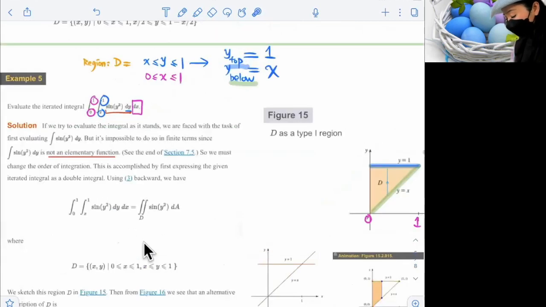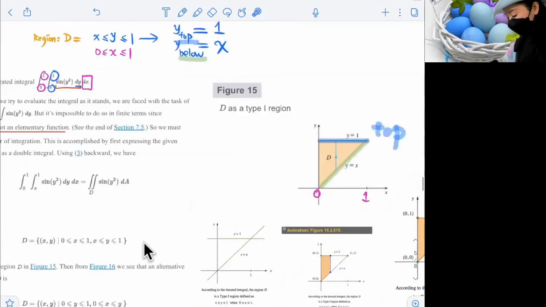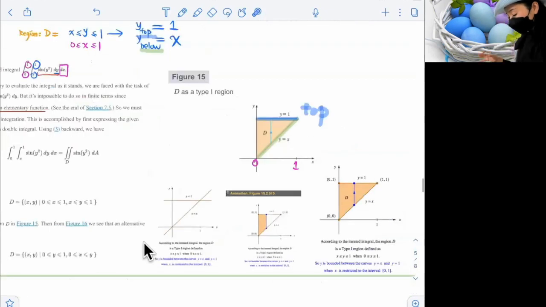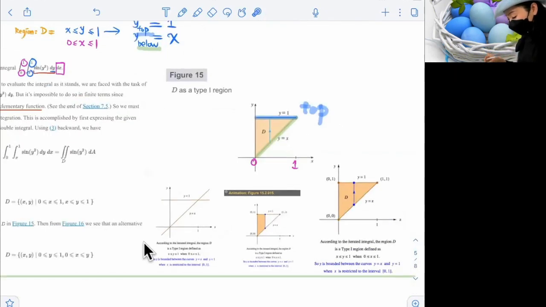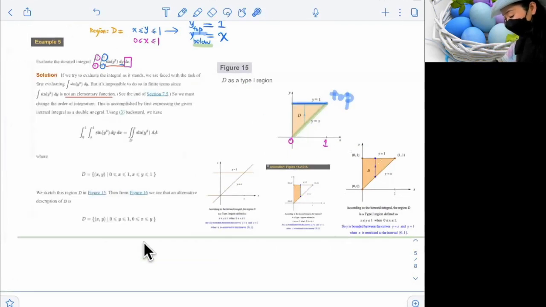But the inner integral is not an elementary function, so we cannot proceed using the integration methods that we have learned. Then we consider changing the order of integration. Now we're going to consider this as a type 2 region.